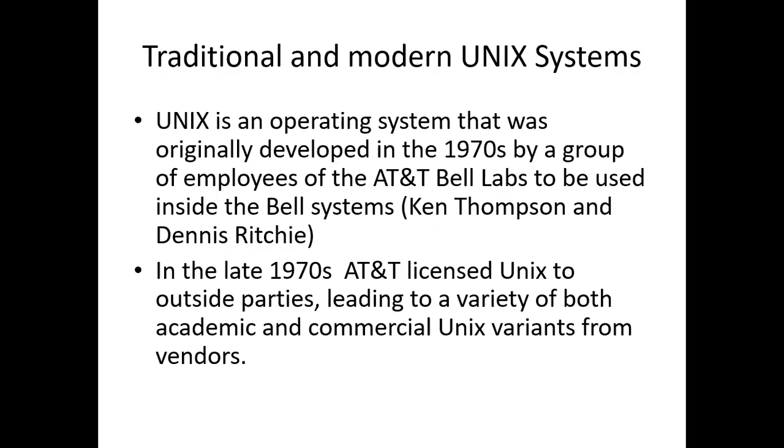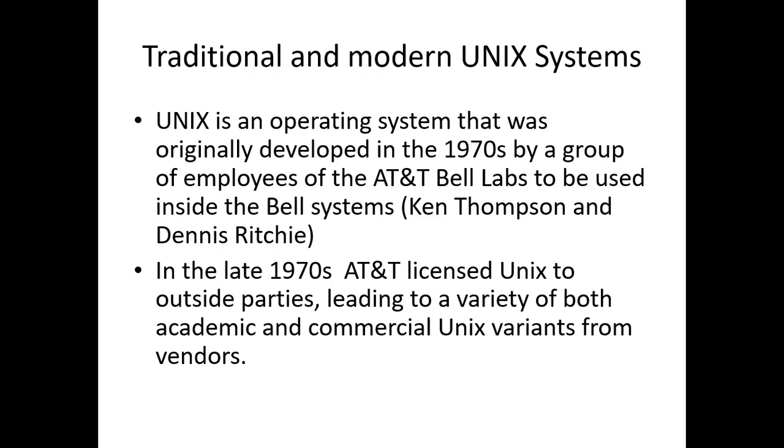Then now we'll discuss the traditional and the modern Unix system. Remember, you say Unix, it is used in many computers. So Unix, I've already explained, it's an operating system, but this system was actually developed in the 70s by a group of employees at AT&T Bell Labs to be used inside Bell Systems only, okay?